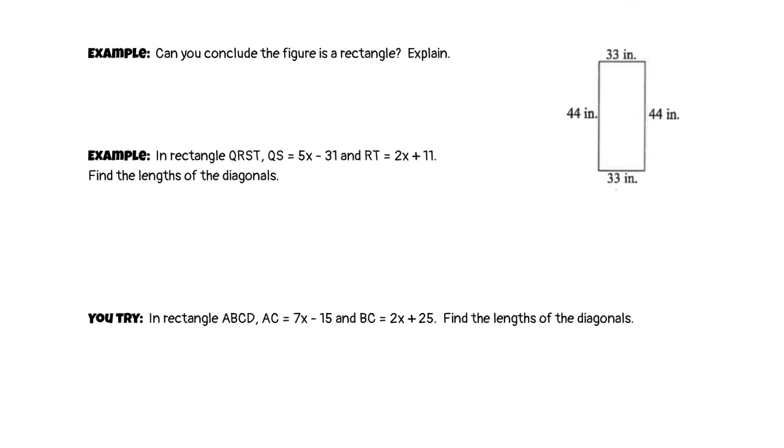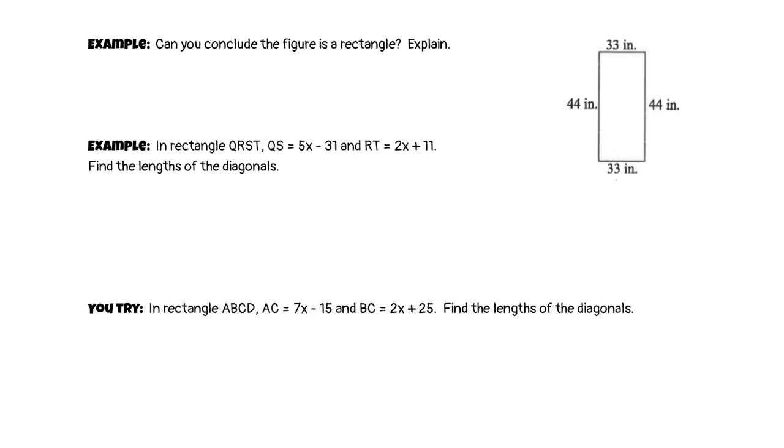So let's go ahead and work down our page here. All right, so this next example says, can you conclude that the figure is a rectangle? Explain. So right now, looking at this picture, I already know that these opposite sides are congruent and these opposite sides are congruent. So I can show that this is a parallelogram. But can we show that the angles there are right angles?